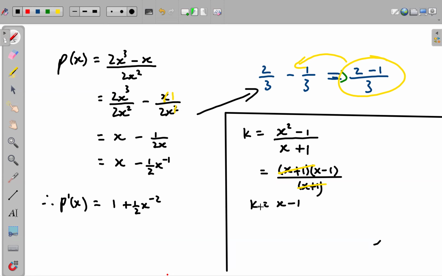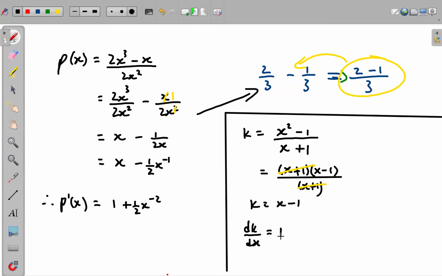Remember, this is what K is. Now, to show that you are differentiating, you will write dk/dx, because the name of the expression is K. Just as we have been writing dy/dx when the expression was called y, we do the same thing now because the expression is called K. And guess what? The derivative here will simply be 1.